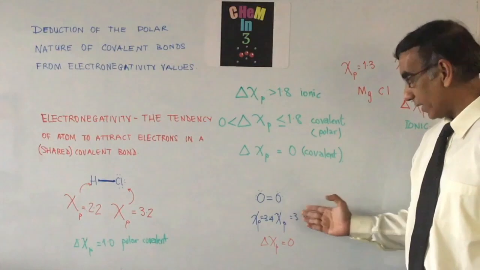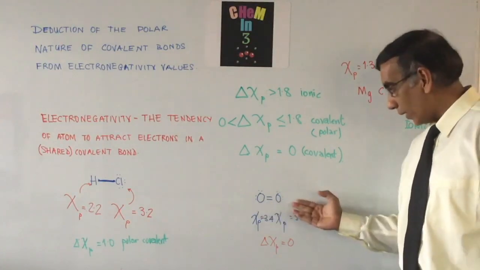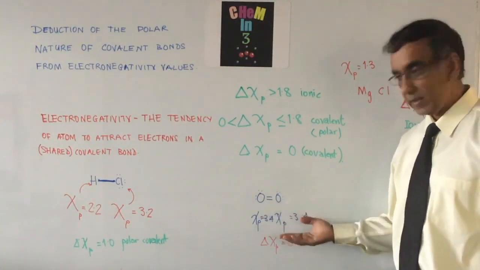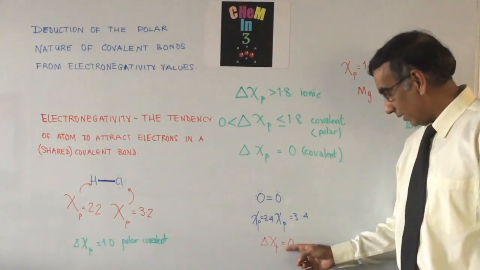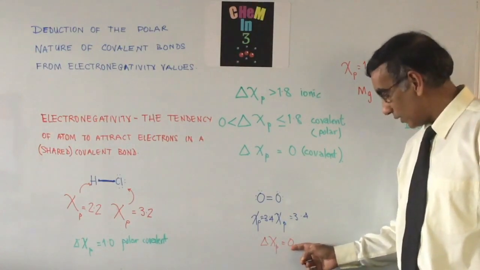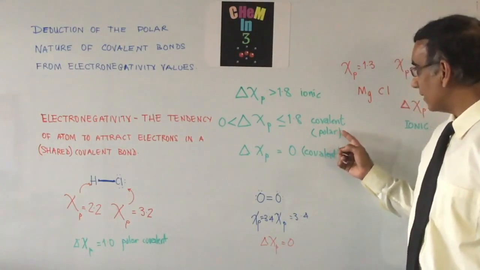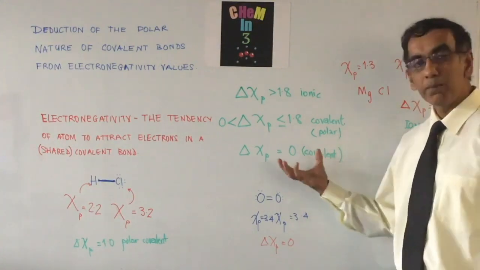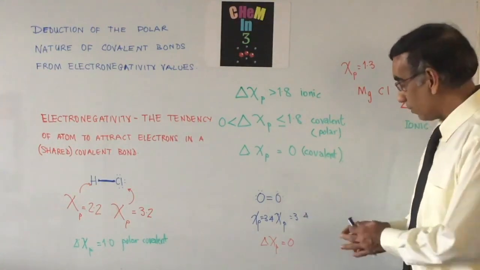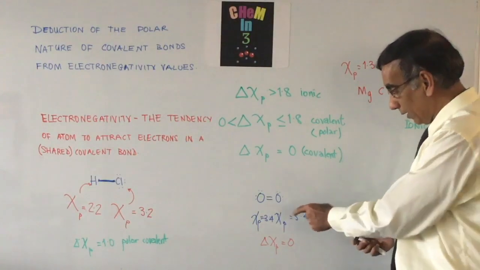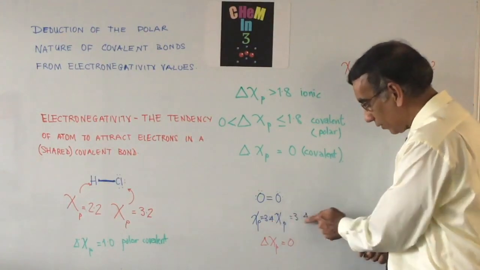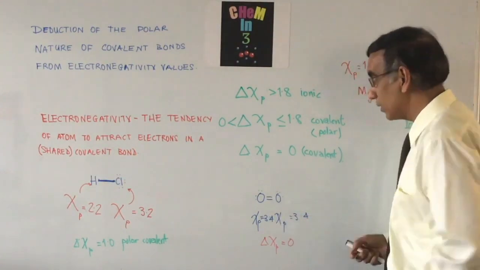But if we have a case like oxygen, where you have two atoms with the same electronegativity, then delta electronegativity comes to 0, and the bond is described as being a pure covalent bond, as opposed to a polar covalent bond, because the difference in the two electronegativity values comes to 0.